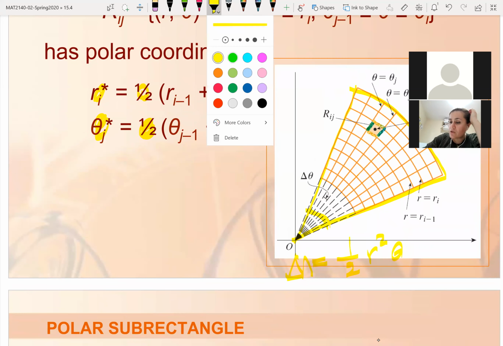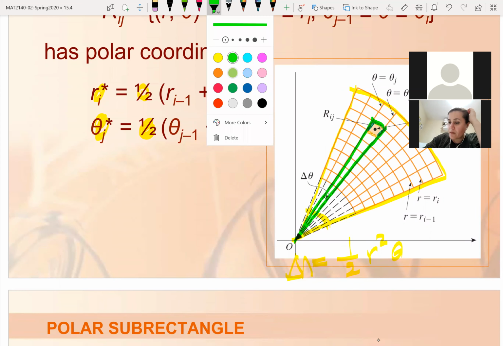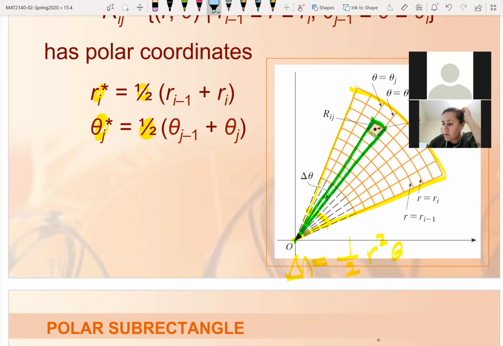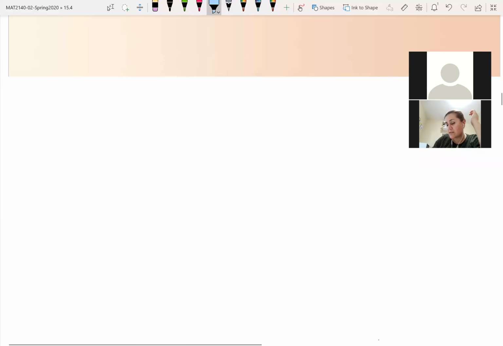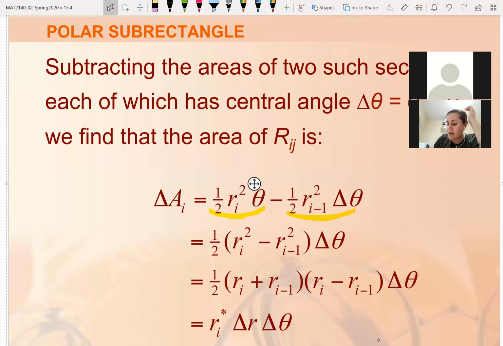It's going to be the big sector, which is here, and then minus the small sector, which is here. So the piece left over is the biggest sector minus the smallest sector, and that's why it's half of the biggest sector minus the smallest sector.